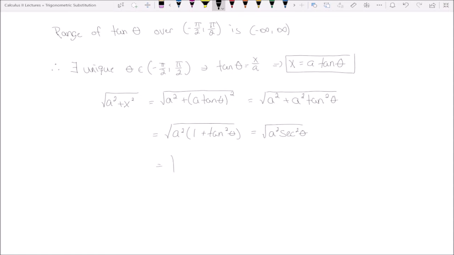So this equals the absolute value of a times secant of theta. Well, again, a is greater than 0. Also notice that secant of theta would also be greater than or equal to 0 over negative pi over 2 to pi over 2.